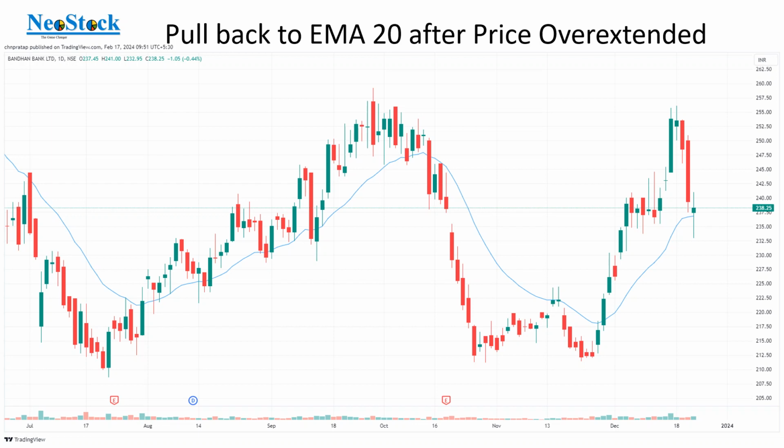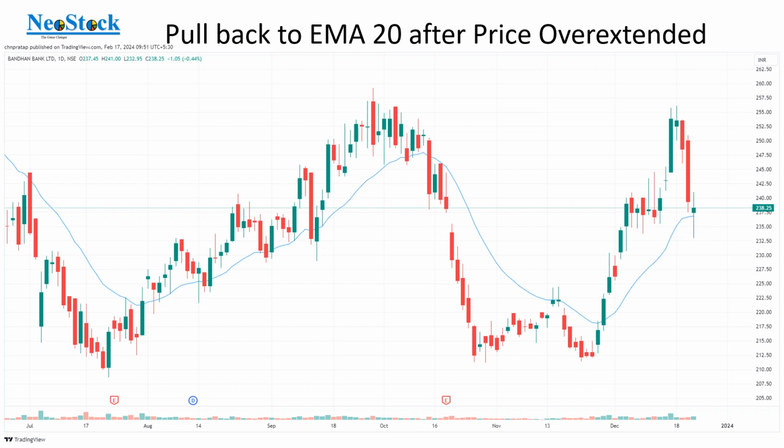Why? What is the reason behind this? We already discussed it in the previous lesson. When prices are moving far away from the EMA, there are higher chances that traders want to book profit. They would have already got a good profit. When they start selling the stocks, what happens? The prices will pull back towards the EMA 20.